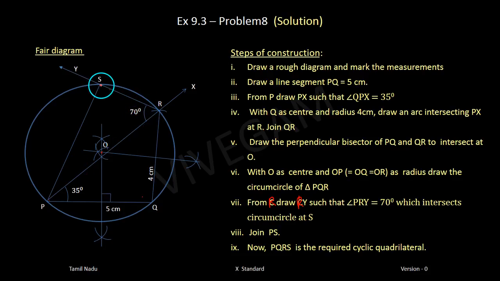And this will cut the circumcircle at a point S. Then join PS. And PQRS is the cyclic quadrilateral. I hope it's clear. If not, please go through one more time. It will become clear. Thanks for watching this video.